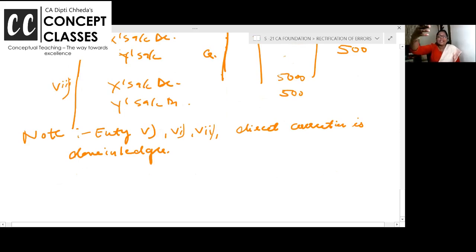Go in the X account and debit 5,000 because the sale is credited 5,000. By mistake, Y's account you have debited 500. Neither have you sold the goods for 500, nor is the amount 500, it's 5,000. So why was Y credited? So debit it to nullify. So for all the last three entries, direct correction is done in the ledger.